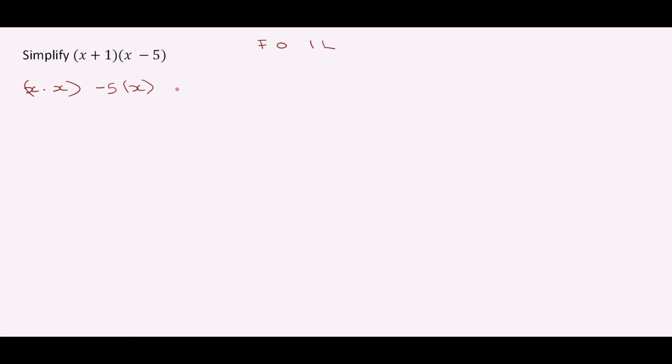Your inner terms are going to be plus 1 multiplied by x, and then your last terms are going to be plus 1 multiplied by minus 5. So x multiplied by x gives you x squared, minus 5x, plus x, minus 5. Now we combine and simplify. So we now have x squared minus 4x minus 5.